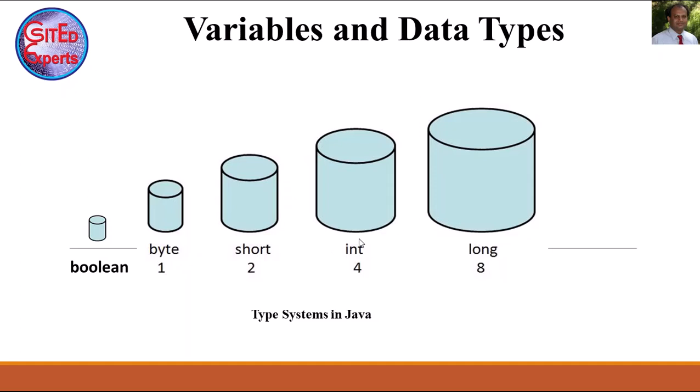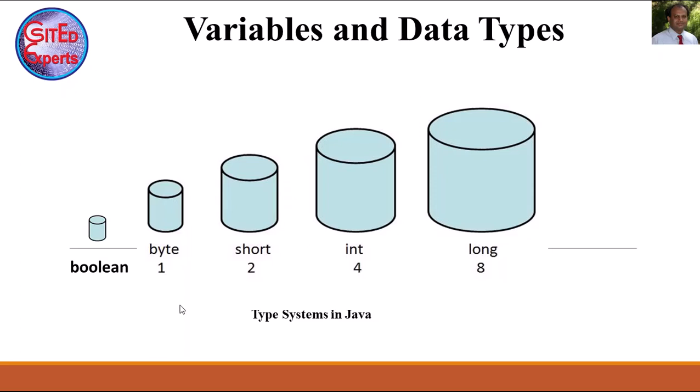Byte type takes 1 byte, short type takes 2 consecutive bytes of memory space, integer takes 4 consecutive bytes of memory space, and long type takes 8 consecutive bytes of memory space.